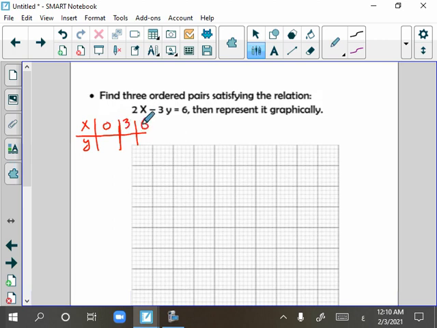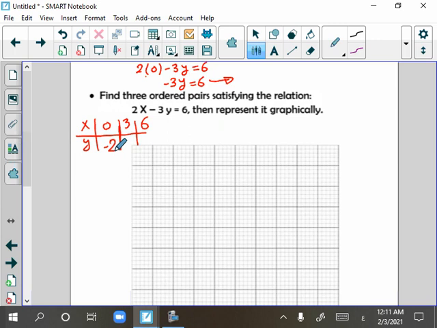When we substitute x with 0, it will be 2 times 0 minus 3y equals 6. 2 times 0 equals 0, so 0 minus 3y equals negative 3y equals 6. By dividing the relation by negative 3, then y equals negative 2.